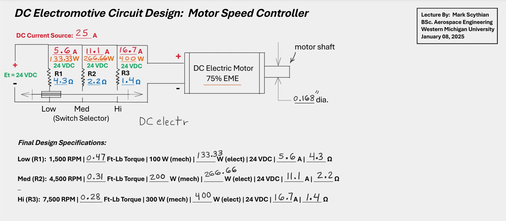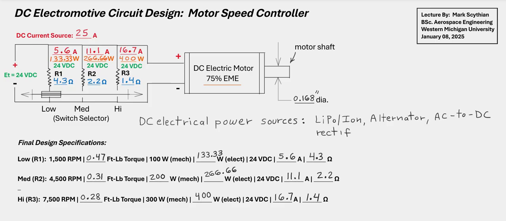And so there are three primary sources of DC electrical power: lithium polymer or ion batteries; an alternator, which converts the AC to DC internally through a rotor-stator and diode; and then of course just the standard AC to DC conversion, AC power from the outlet converted to DC through a four-way rectifier diode bridge, so just call it rectification. But that should have a 25 amp rating.